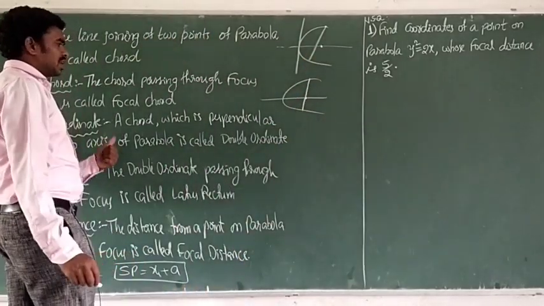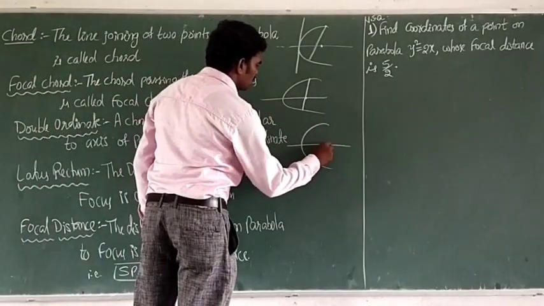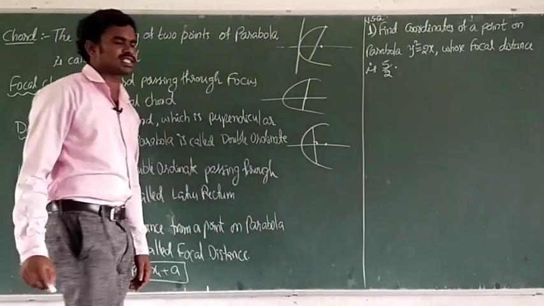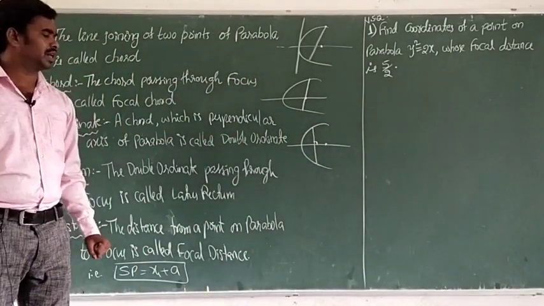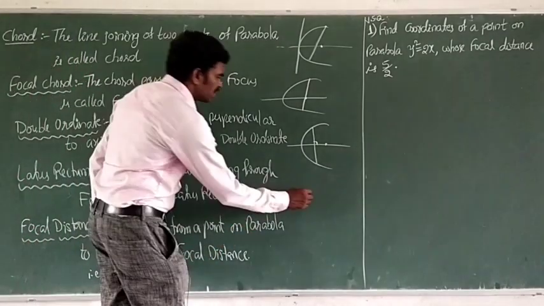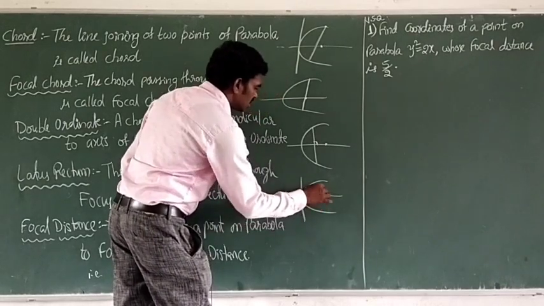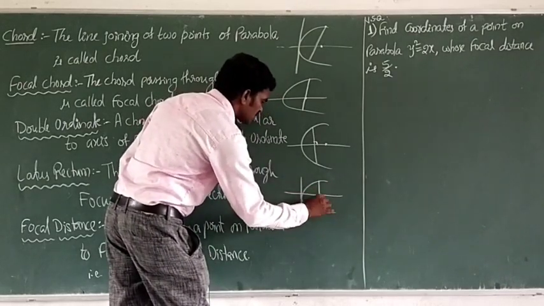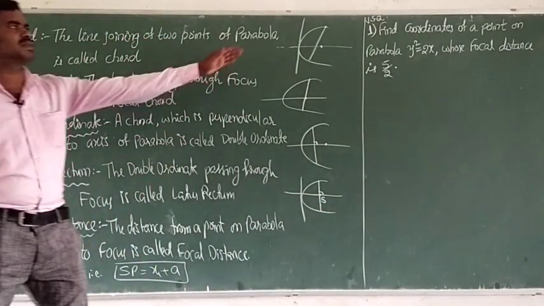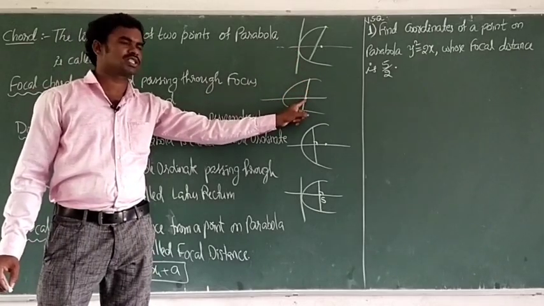Next, double ordinate. A double ordinate is a chord perpendicular to the axis. Next, latus rectum. When the double ordinate passes through the focus, that is called the latus rectum. This is simply a chord; this is a focal chord because the chord passes through the focus.